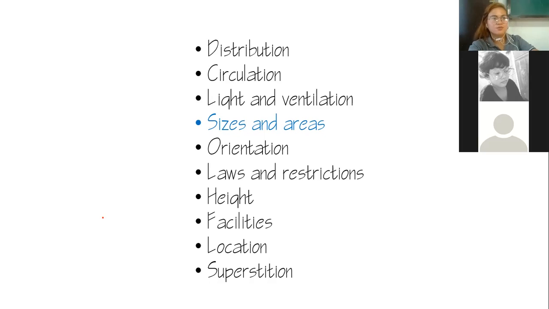So the sizes, you detail the sizes of your certain areas. And orient the areas where they are facing to maximize the wind, the amihan and habagat. Also the laws and restrictions, the minimums, so you adjust. And the same goes with the facilities, location, and superstition.